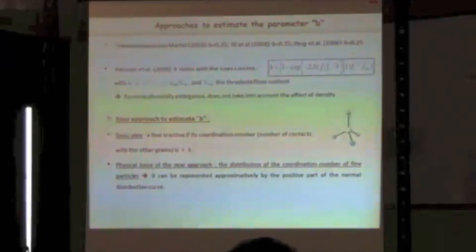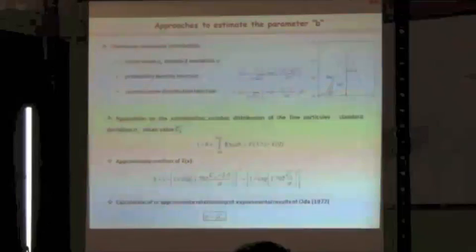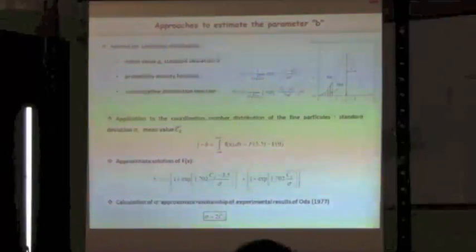And the physical basis of these new approaches is that the distribution of fine particles' coordination number can be represented by the normal distribution curve, I mean the Gaussian distribution, which has the probability density function and the cumulative distribution function as follows. So the fraction of inactive fines, 1 minus B, is equal to the probability for the fine particle to have coordination number greater than 4.